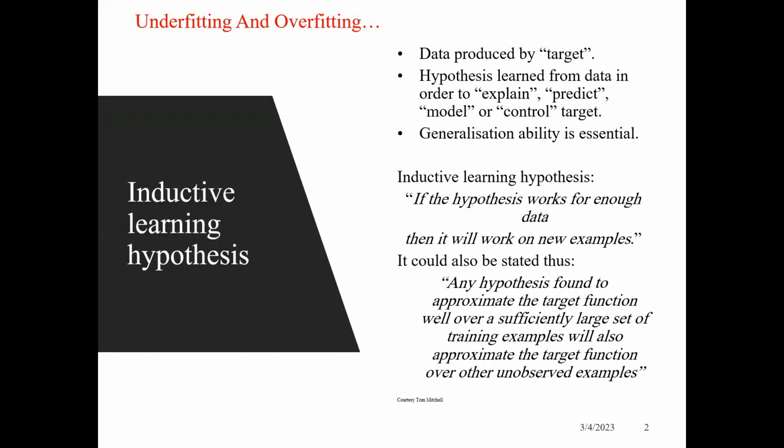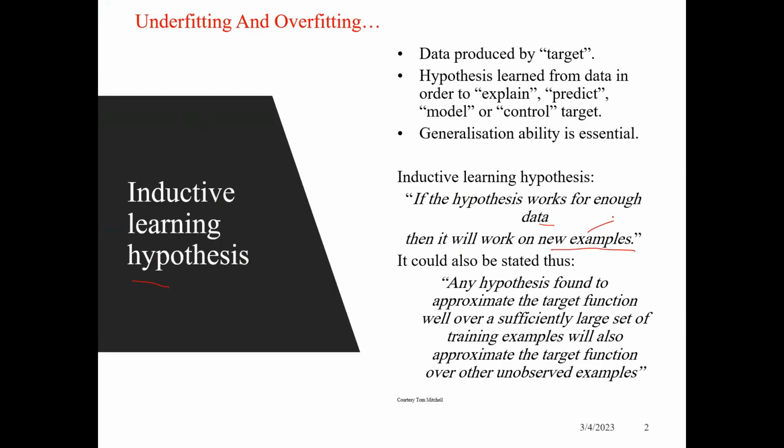To understand underfitting and overfitting, we first have to remind ourselves about the concept of the inductive learning hypothesis, which is the brain behind the machine learning principle. The inductive learning hypothesis states that if the hypothesis works on enough data, then it will work on new examples.